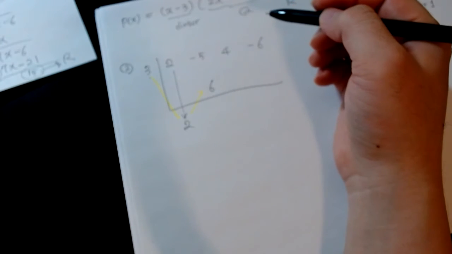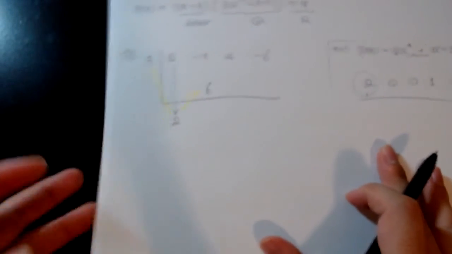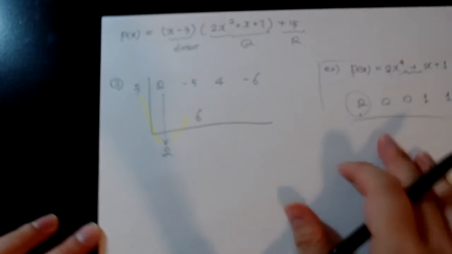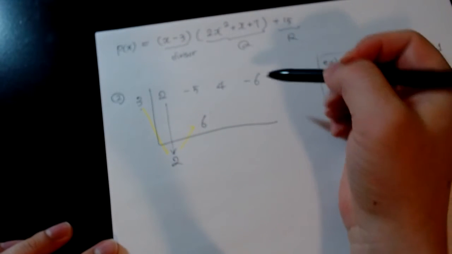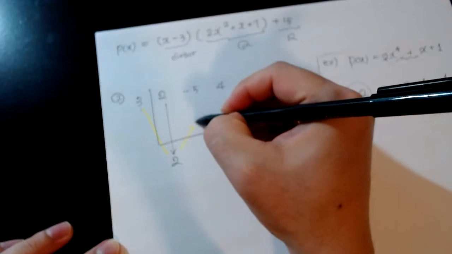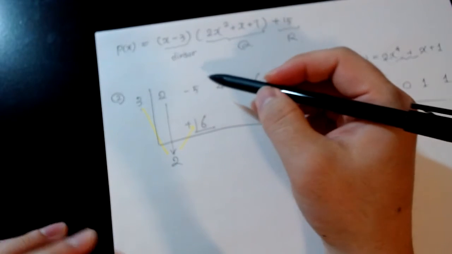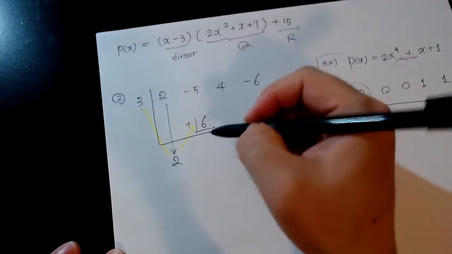And then we add those two numbers in a column: -5 plus 6, which is 1.